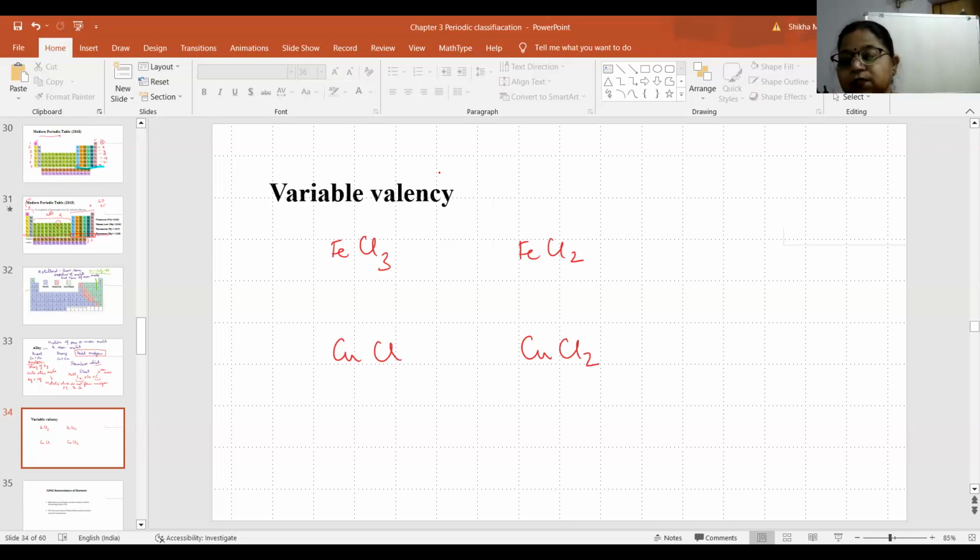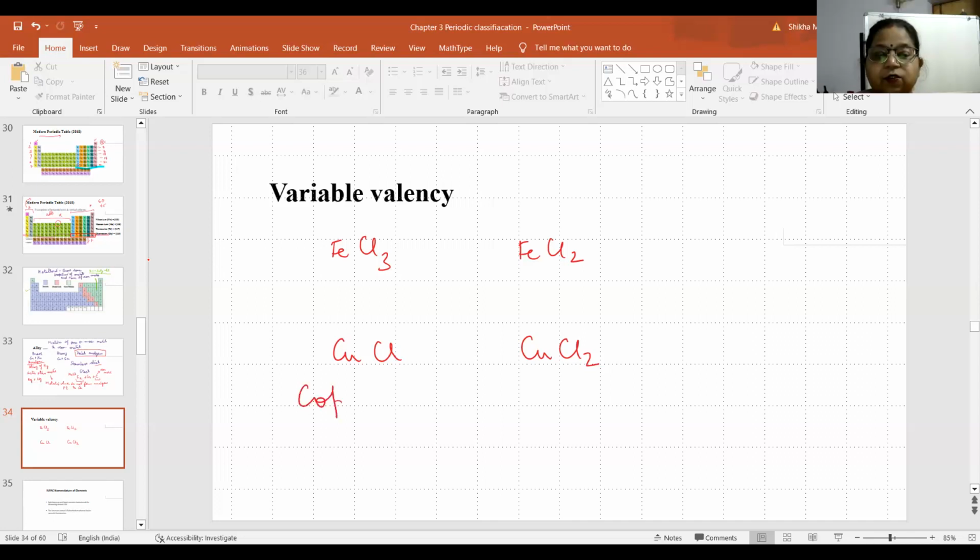Any idea, students? First one is ferric chloride. Second one is ferrous chloride. And then it is copper chloride and cupric chloride. How can the first one be copper chloride? No, ma'am, I said the first one is copper chloride and the second one is cupric chloride.